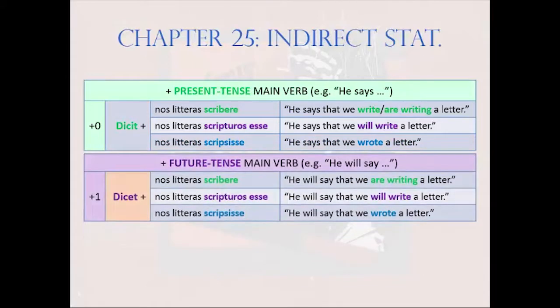With a future tense main verb, he will say, things change very little. Dicet nos litteras scribere, literally, he will say us to write a letter, meaning he will say that we are writing a letter. Note that the saying and the writing are happening at the same time, in the future.